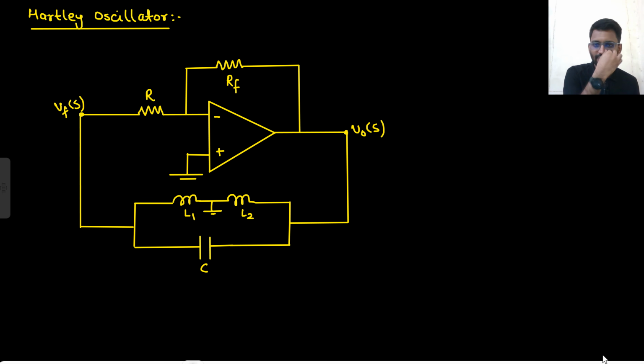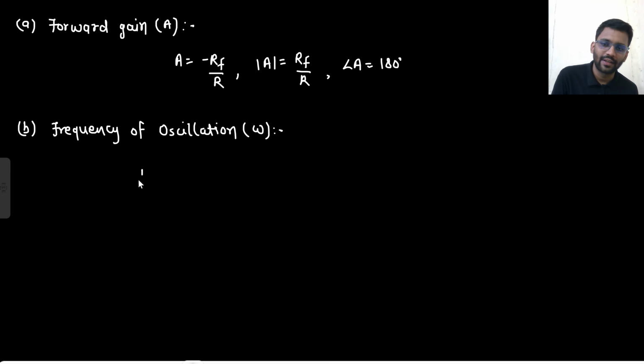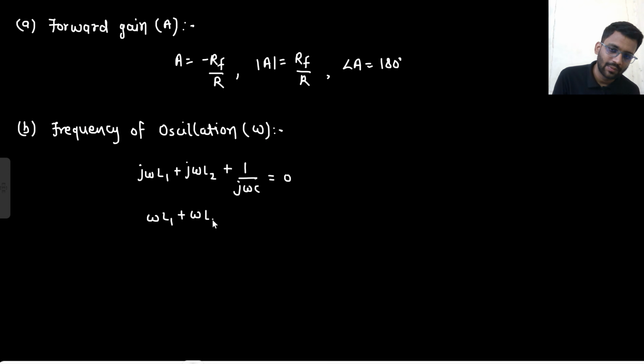So that would be j omega L1 plus j omega L2 plus 1 by j omega C is equal to 0. So omega L1 plus omega L2 minus 1 by omega C is equal to 0, right?